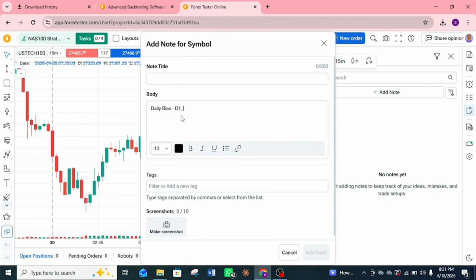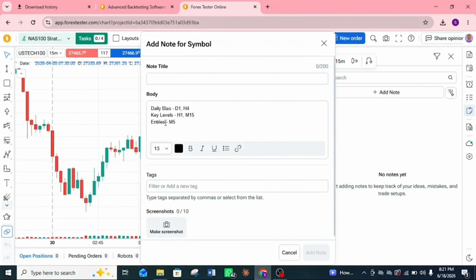We use the daily and the 4-hour, and we look for key levels on the H1 and the M15 timeframes. And then for entries, we use the M5.